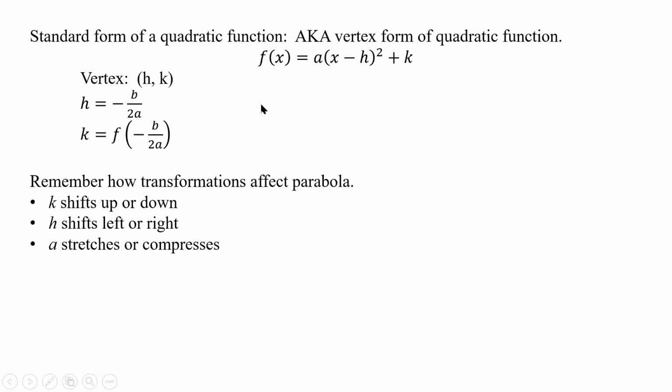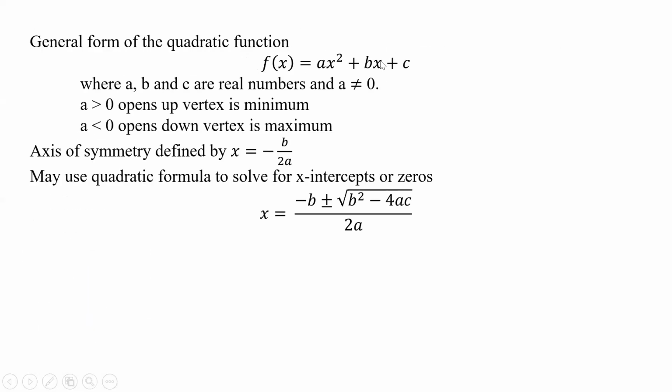So if we initially had our general form, we could find h, and then we could find k by plugging our h into the original general form and getting the k value, and then we could go to this form here.